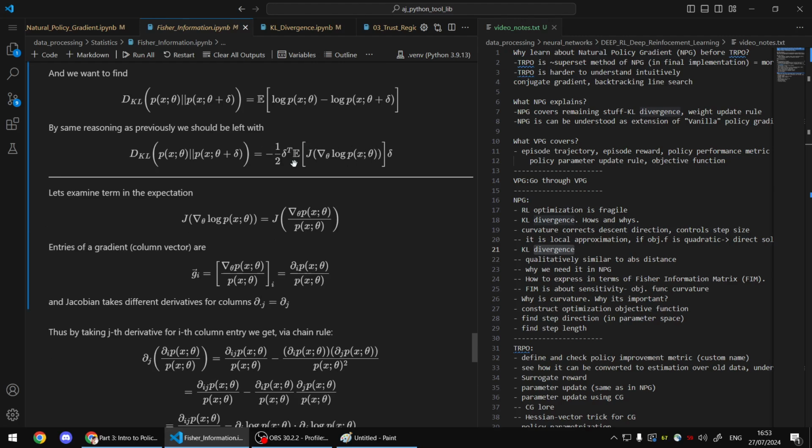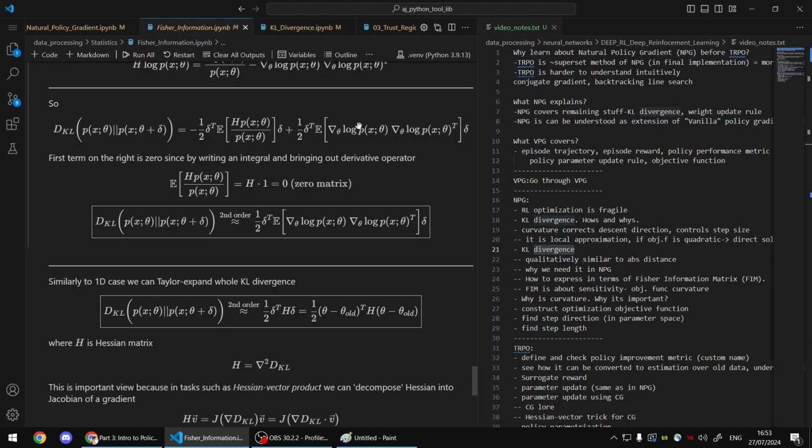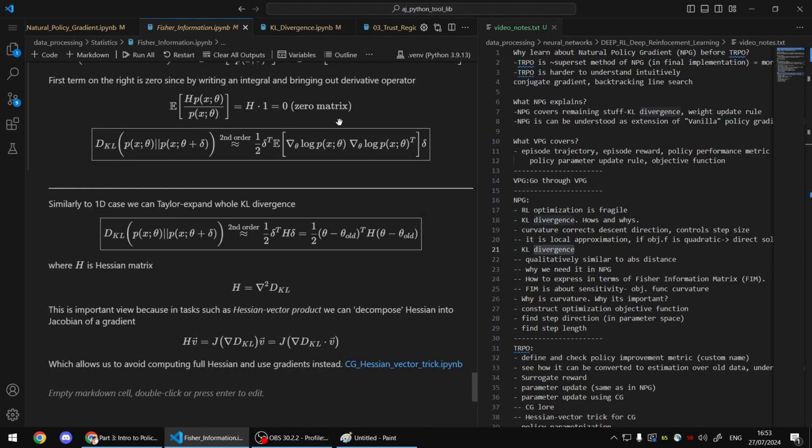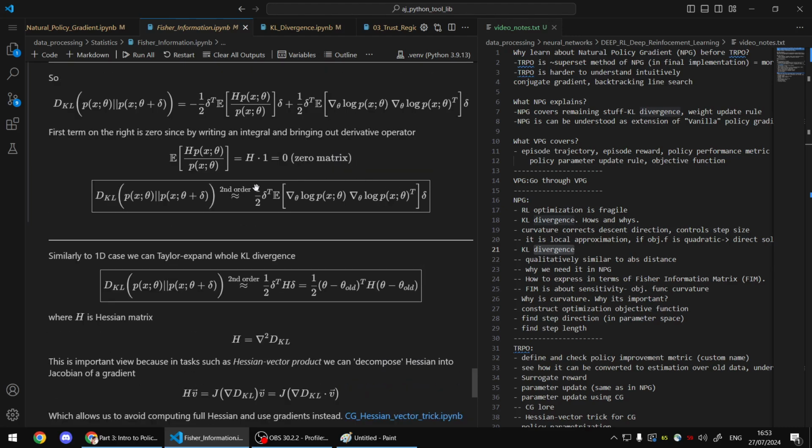We have to take an expectation. Actually, this H is again an operator of partial derivatives, but if you remember, we just took it out of the integral, and we were left with just the integral of probabilities over all the options, which is 1. And we have a derivative operator on 1, so it's a zero matrix. And that's what we're left with.